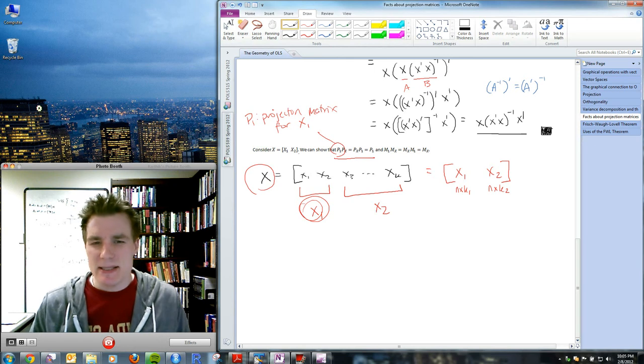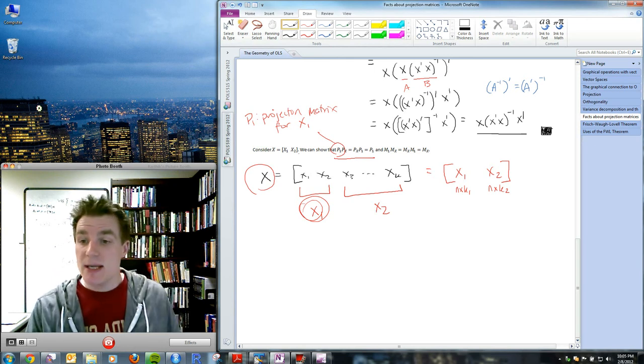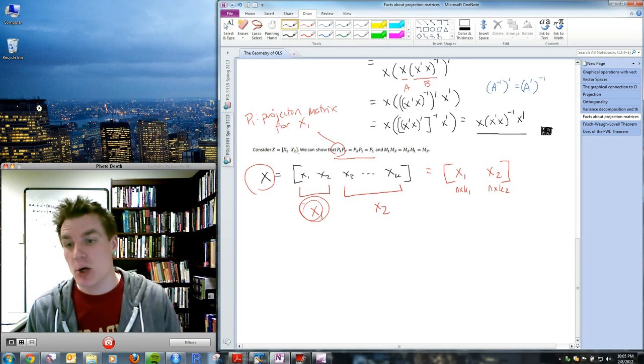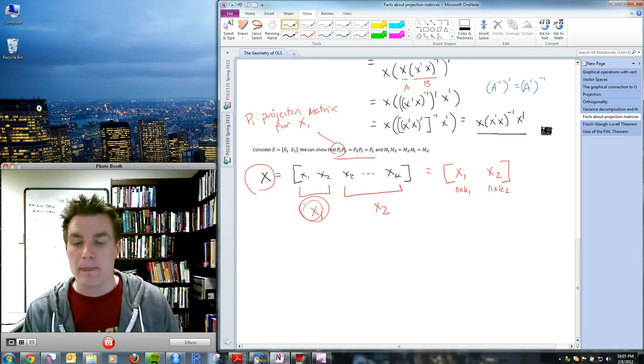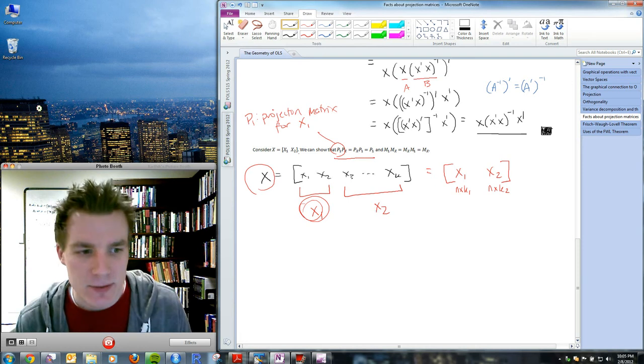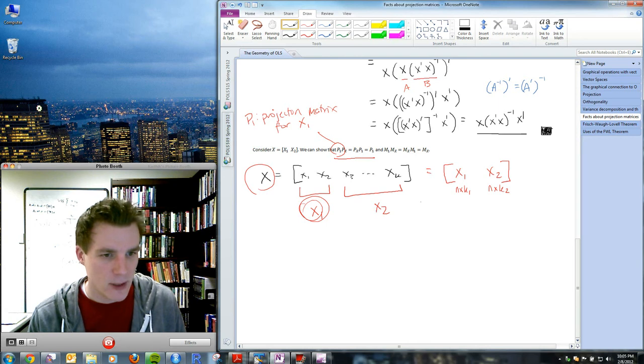What we're basically saying here is that if we first take the projection onto the entire space of X, and then we take the projection of that projection onto the space of X1, what we have left is just what's on X1. So let me try to give you a visual explanation for this, and then I'll give you a formal mathematical proof of it.